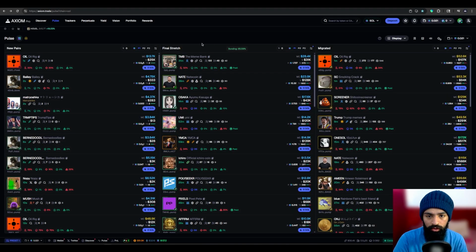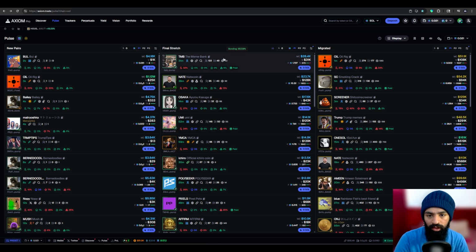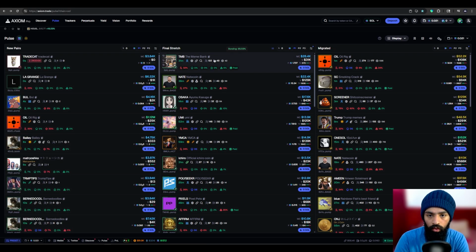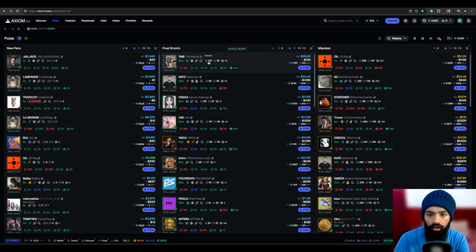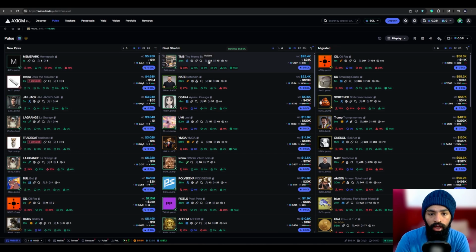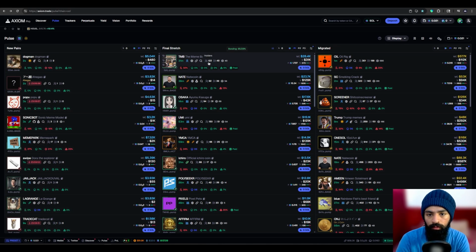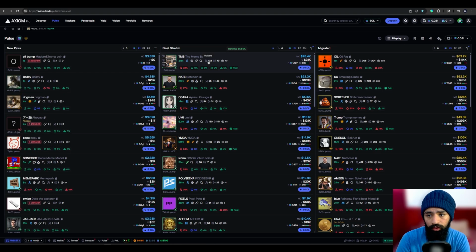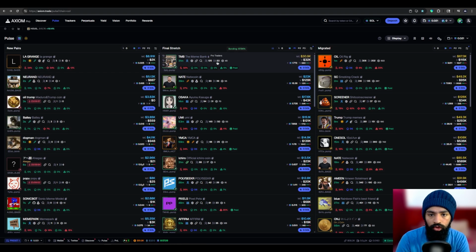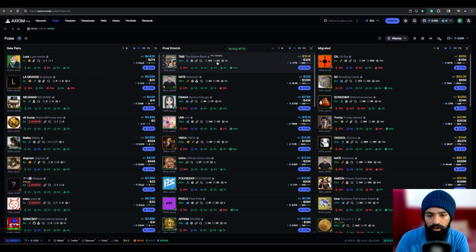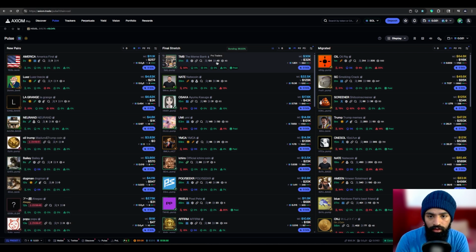Just showing you examples. I'm going to go over this very quickly because there's a lot to cover. The next one is how many holders they have, how many people are in this coin at the moment. So 122 on this top coin, not bad for a new coin. Next one, pro traders, 50. Pro traders are basically traders that have been flagged by Axiom as knowing what they're doing.